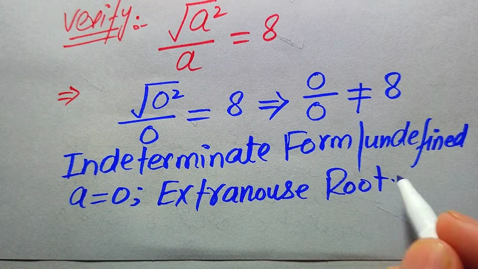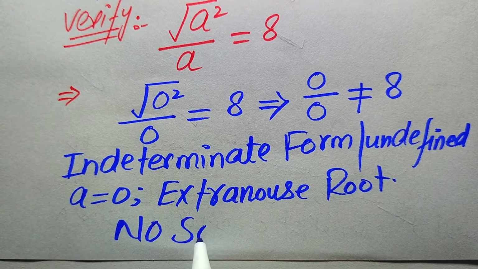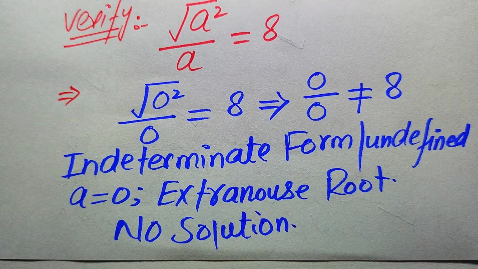Further, we cannot get any other value of a which satisfies our given question statement. So we finally conclude that this question has no solution in general. This is our final answer from the first method.